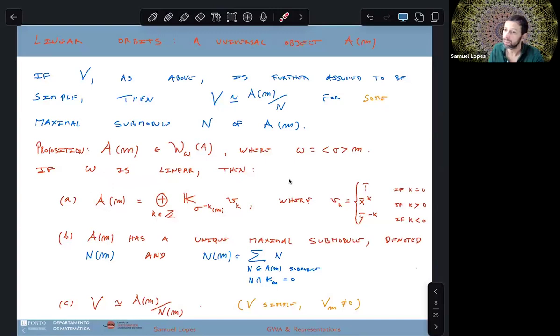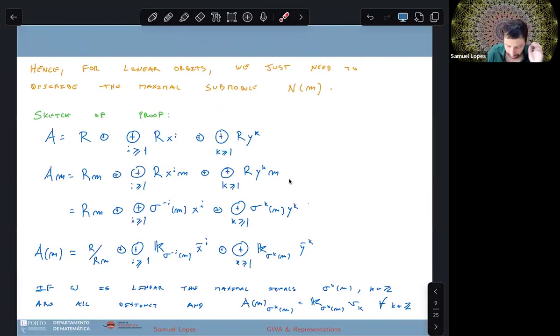So my goal in classifying the simple modules in this category is just to find this maximal submodule, to determine what it looks like. Given m in a linear orbit, I just need to find the maximal submodule N of M. It doesn't seem too complicated. Of course, in practice things can be more complicated than in theory, but in theory at least it's simple. So how do you prove this?